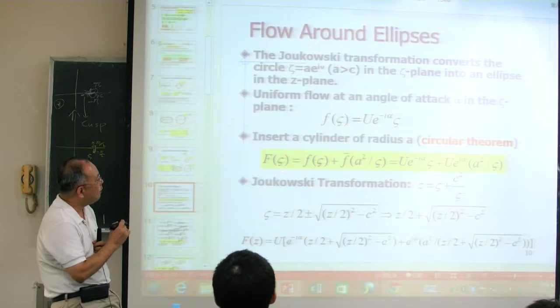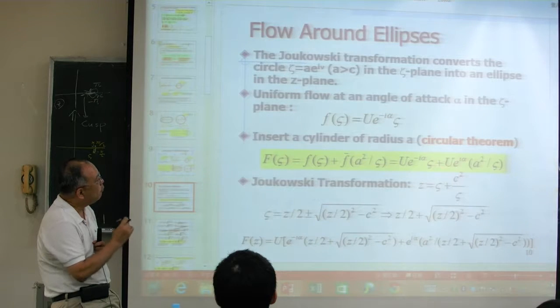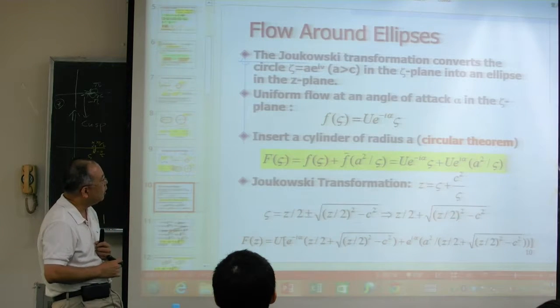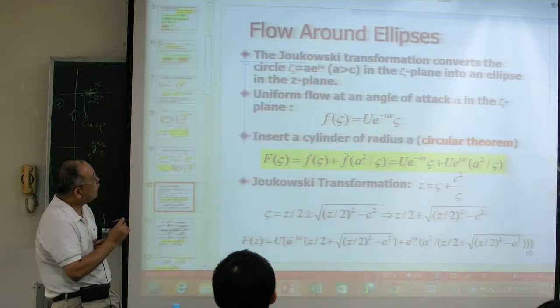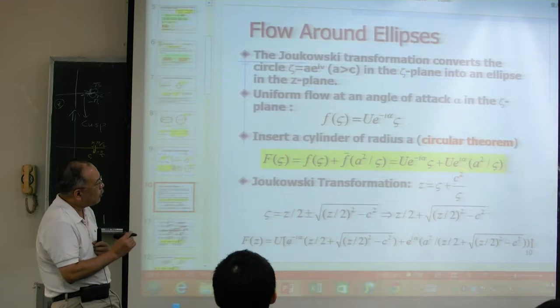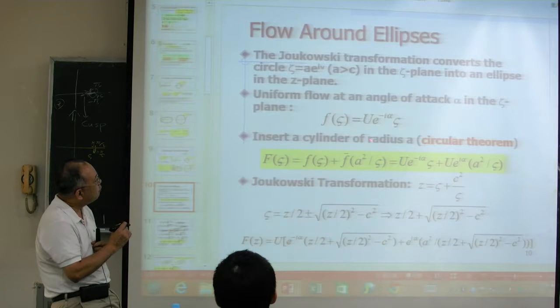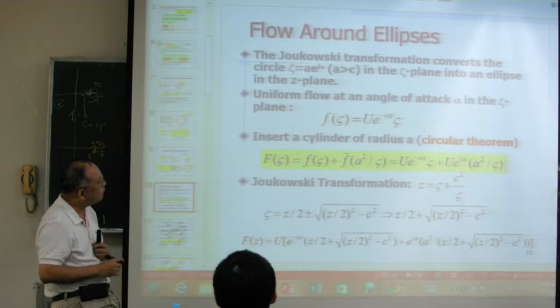So this is the complex potential in the zeta plane, flow over a cylinder with angle of attack. And we know, through the Joukowski transformation, this flow over a cylinder can be converted to the flow over an ellipse, right?